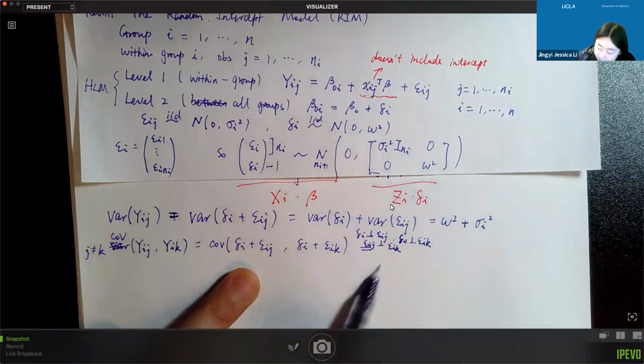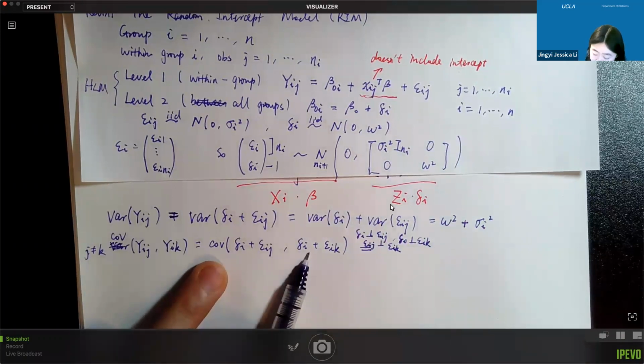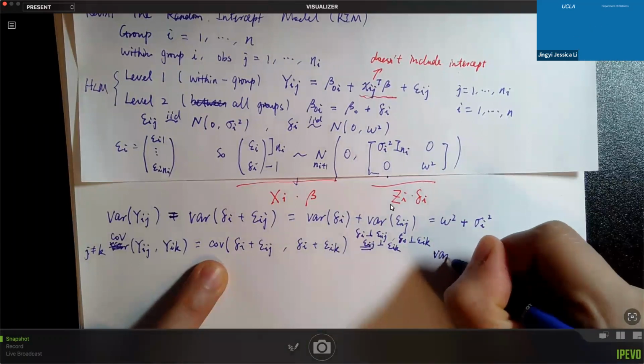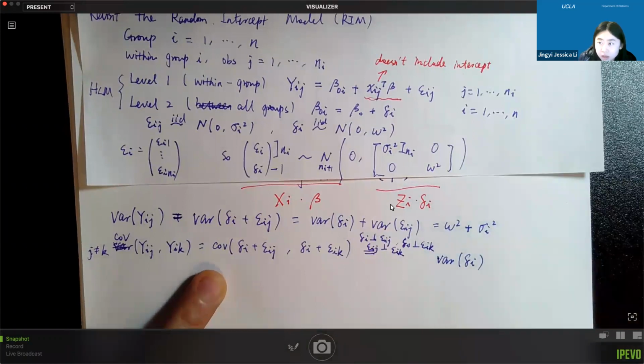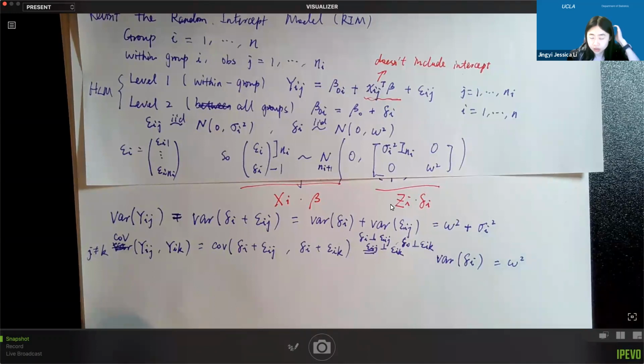So given all three independences, essentially this reduces to the variance of delta i only, and that is just omega squared. So what this suggests is that we do have dependence for observations within each group.